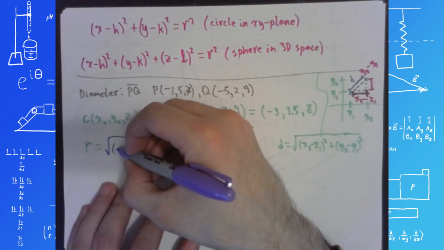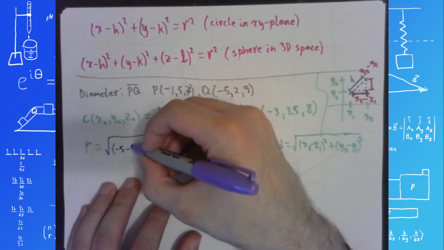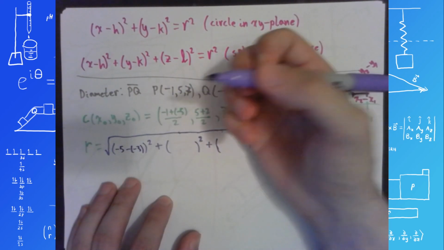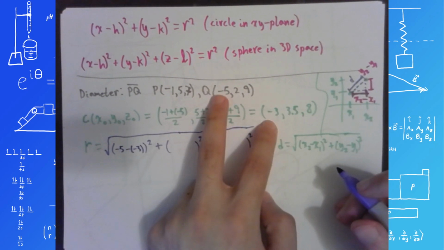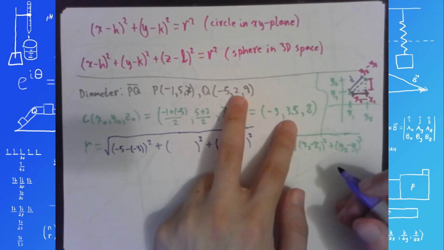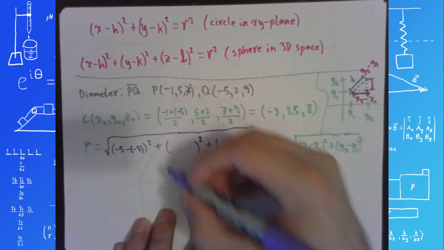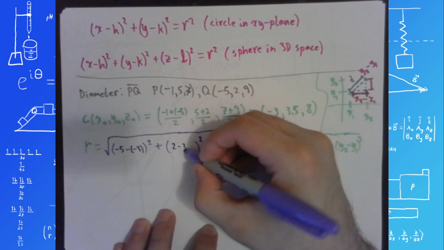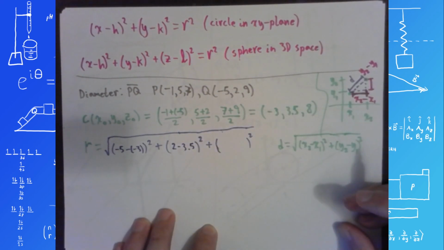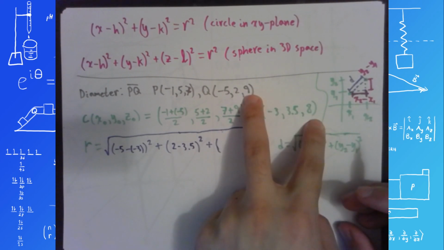That would be -5 minus -3, then 2 minus 3.5, and 9 minus 8.